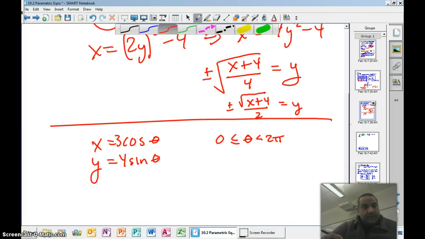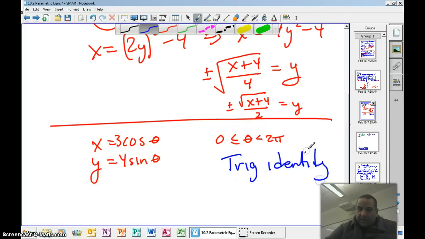All right. Now, what we're going to have to do to solve this, or to graph it even, or see what it's looking like, is we're going to have to use some type of trig identity. The trig identity I'm thinking of is cosine squared of x plus sine squared of x equals 1.